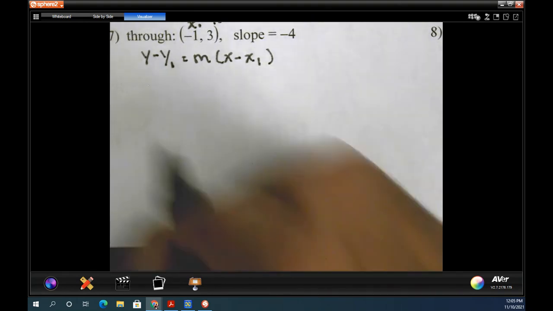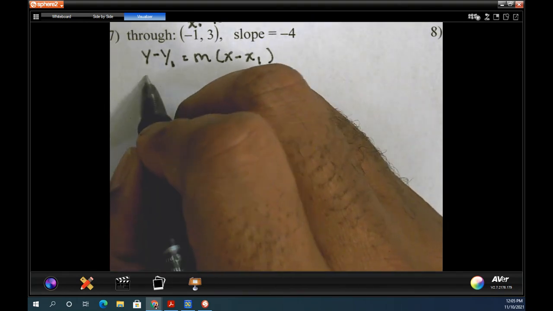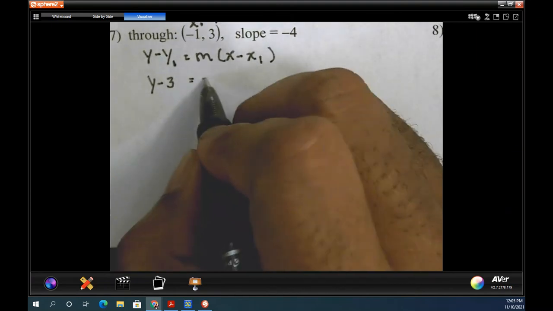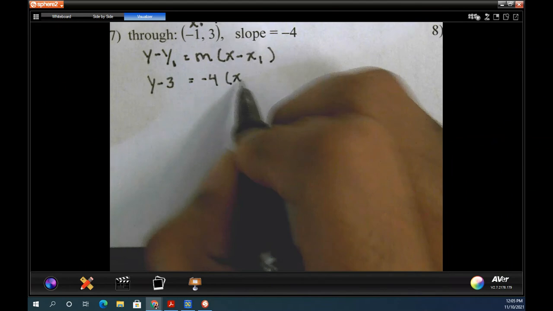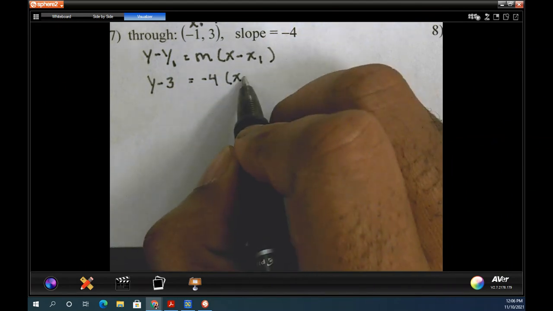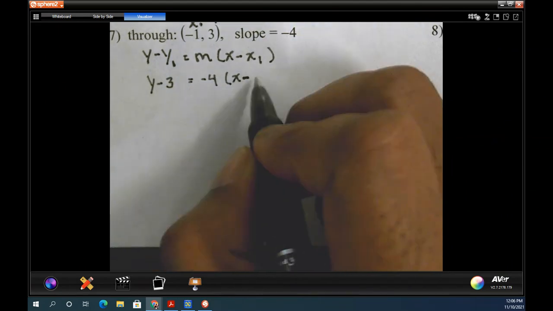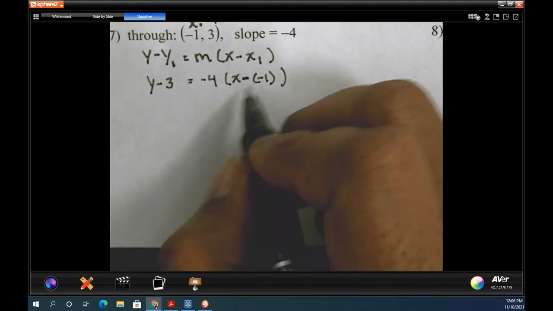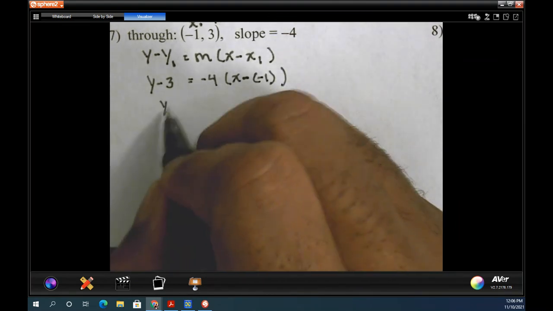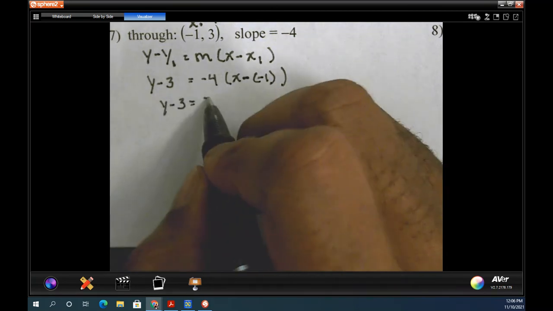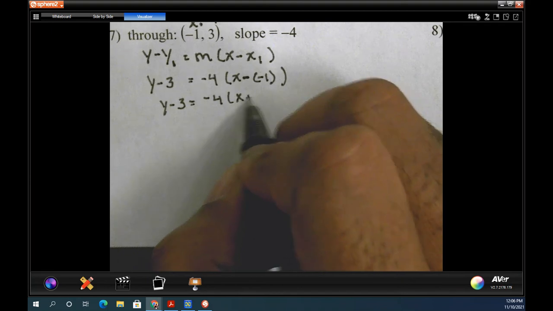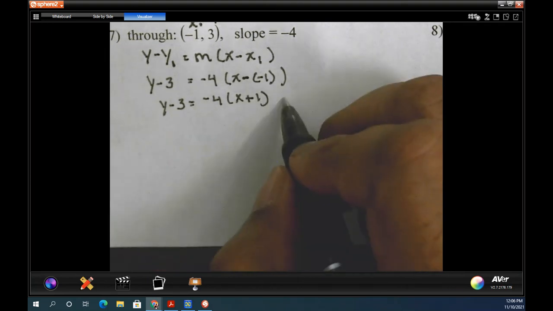So that would be y minus 3 is equal to negative 4 times x minus negative 1. Double sign. Y minus 3 is equal to negative 4 times x plus 1. All right, that's point slope form.